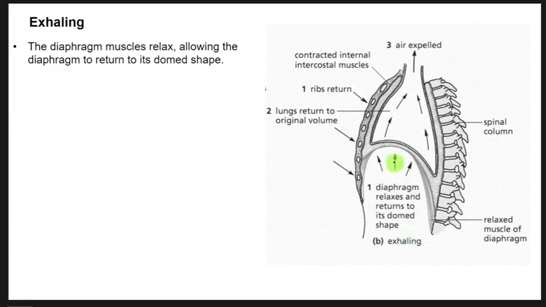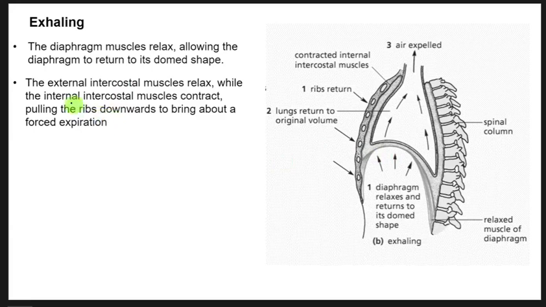What happens next is that the external intercostal muscles relax while the internal intercostal muscles contract, pulling the ribs downwards to bring about a forced expiration. The ribs come down.